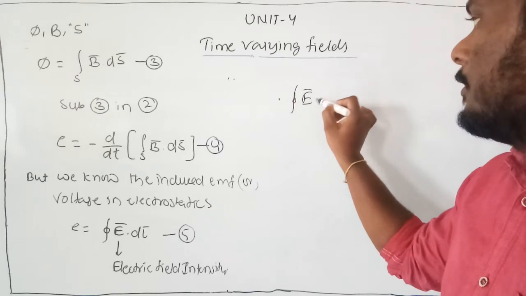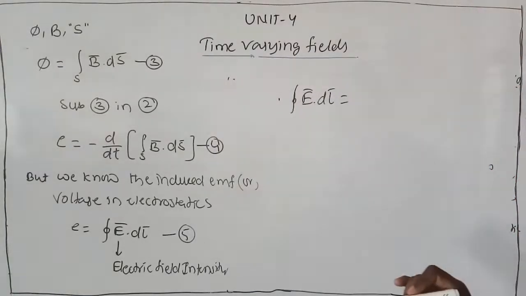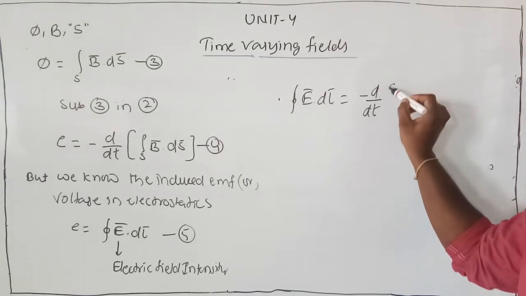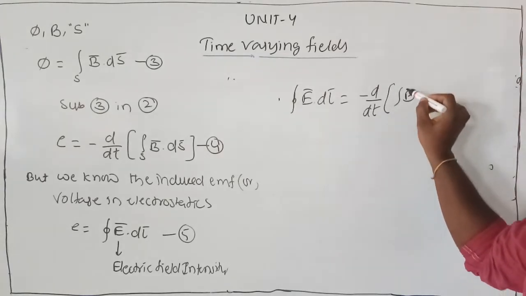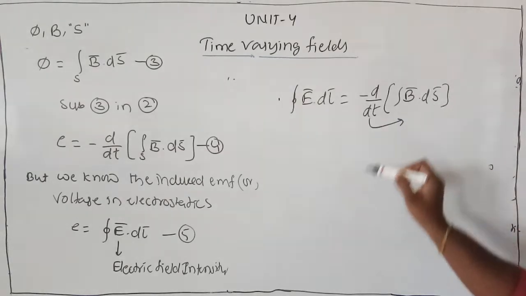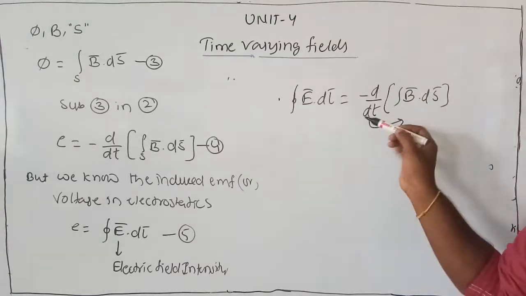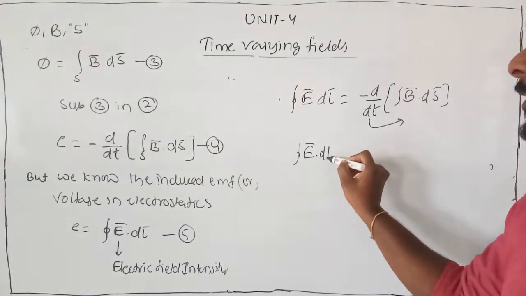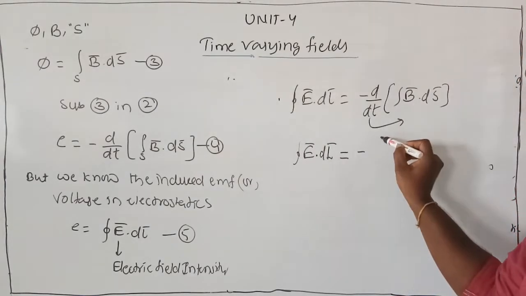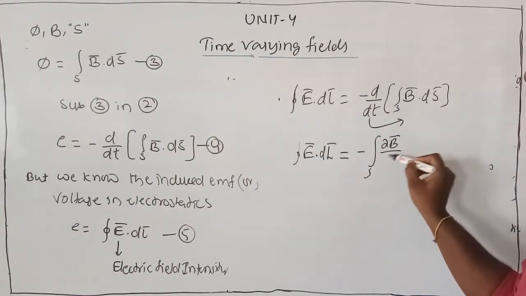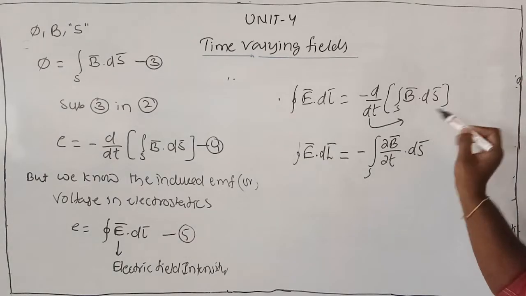Equate equation 5 and equation 4, as these two equations are the same: the circular integration of E bar dot dL bar is equal to minus d by dt of the surface integration of B bar dot dS bar. If you take the ordinary differentiation inside the integration, it becomes partial differentiation. So the circular integration of E bar dot dL bar is equal to minus the surface integration of dou B bar by dou t dot dS bar.